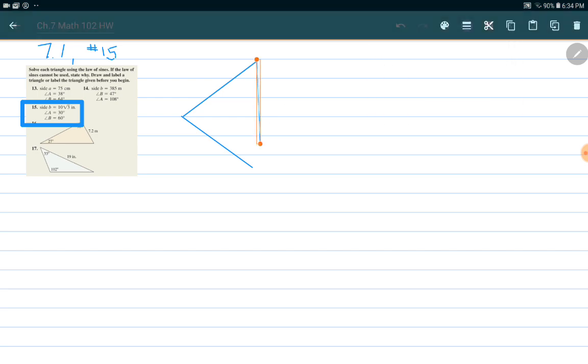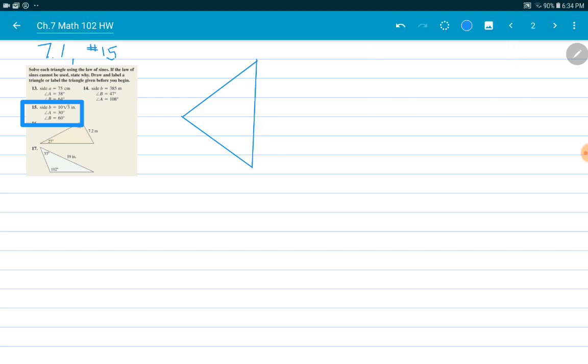So there's my triangle, and let's just randomly pick A, B, C. Side A is across from angle A, side B is across from angle B, and side C is across from angle C. Okay, so it says that B is 60 degrees, and A is 30 degrees, and side B is 10 radical 3. And I'm asked to use law of sines.